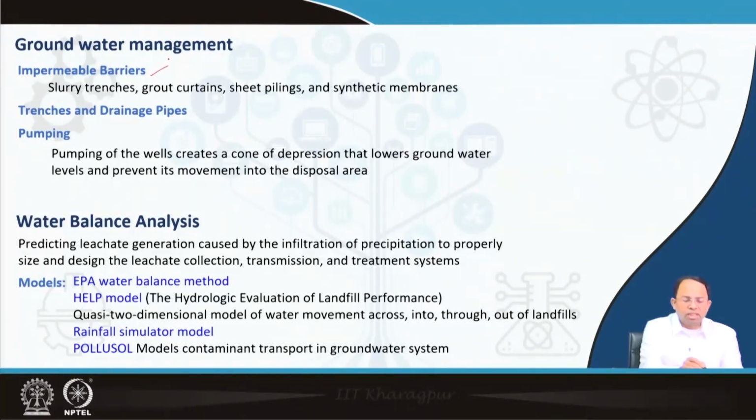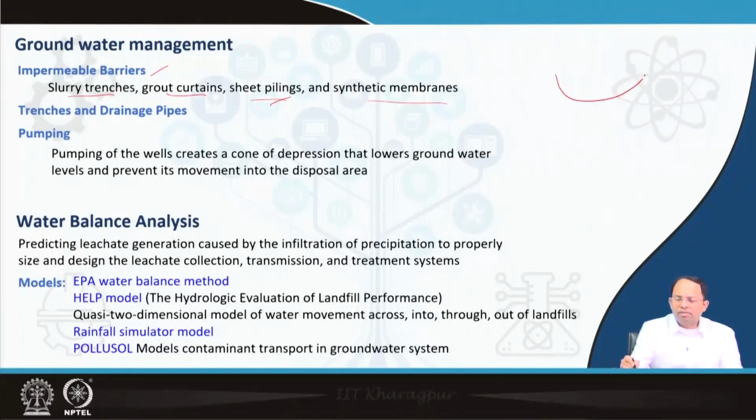That means we put some slurry trenches, grout curtains, sheet pilings, synthetic membranes to prevent the groundwater from mixing with the waste, or, if it is a lined system, also to prevent it from influencing the liner system. So that kind of protective measures are given.